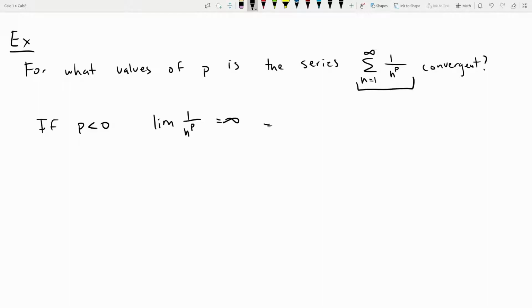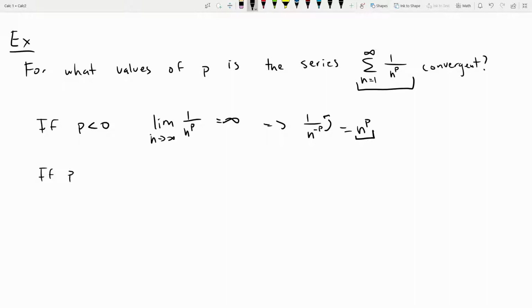Basically, the reasoning is that the exponent would be negative in this case, and then it would just be n to the p using power laws. We would bring this upwards, and then when n goes to infinity, this value will get arbitrarily large, and that limit is going to equal infinity.